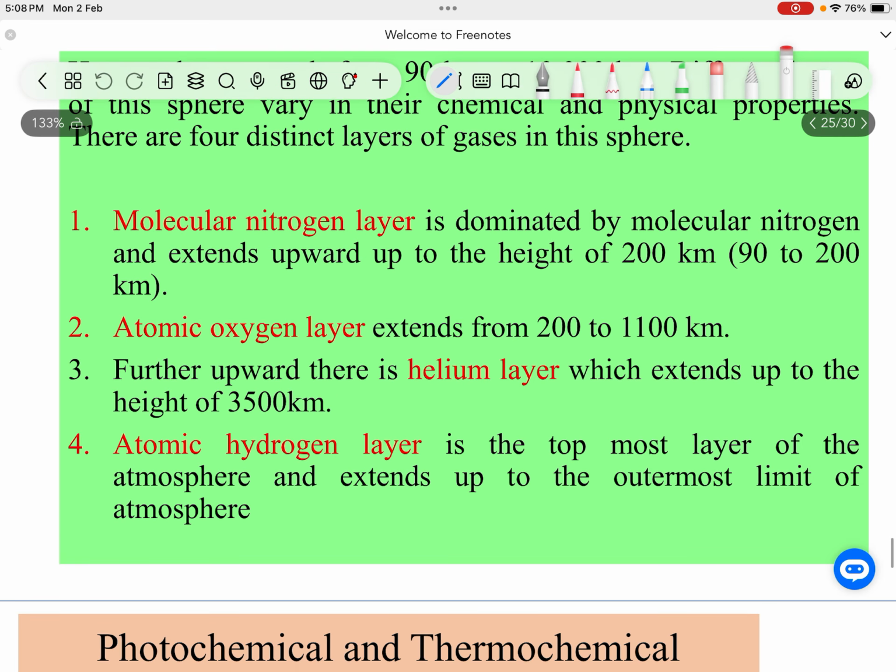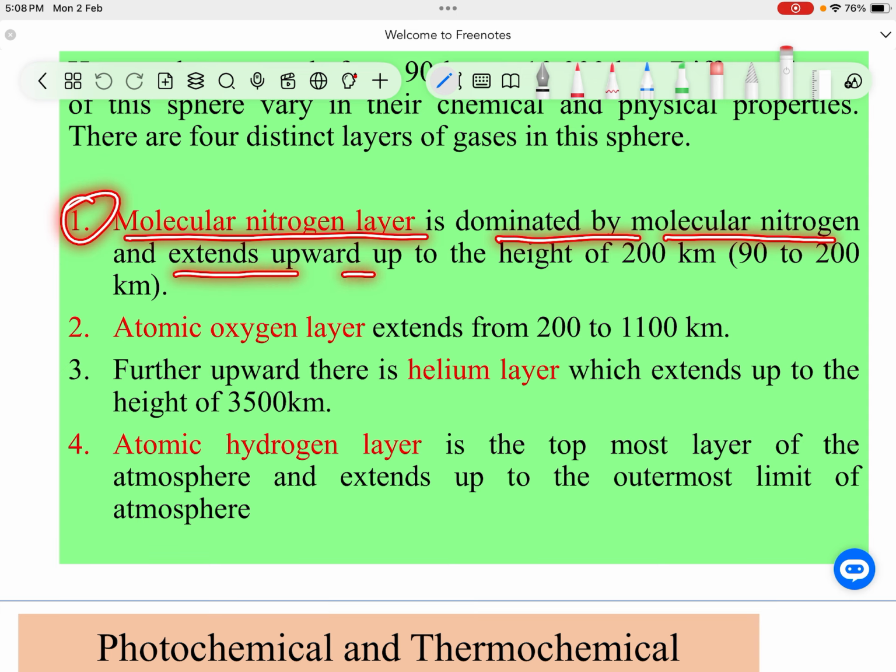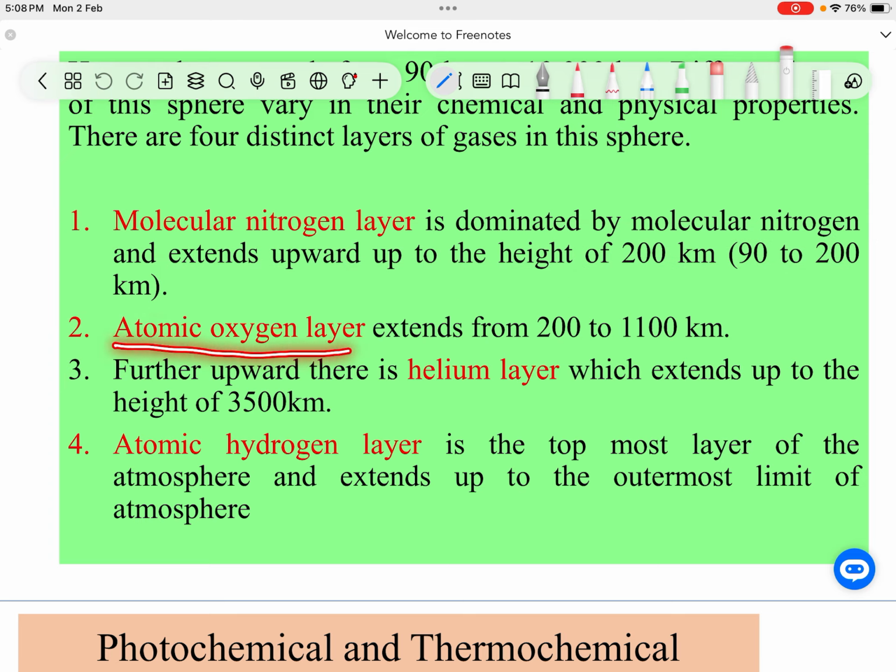The very first layer is the molecular nitrogen layer, dominated by molecular nitrogen and extending from 90 to 200 kilometers. The second layer is the atomic oxygen layer, which extends from 200 to 1100 kilometers.